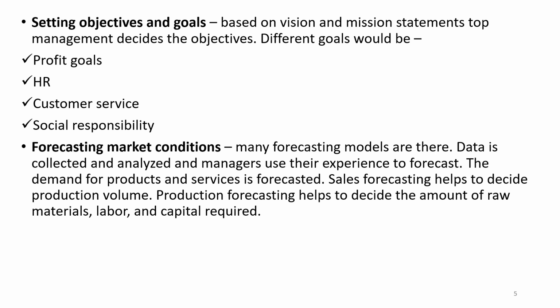Many companies will offer to build houses. Many companies will offer to give food to the people free of cost. So these are their social responsibility actions to show that they care for society. For that also they will have some goals, and they will mention it in their vision and mission statement.